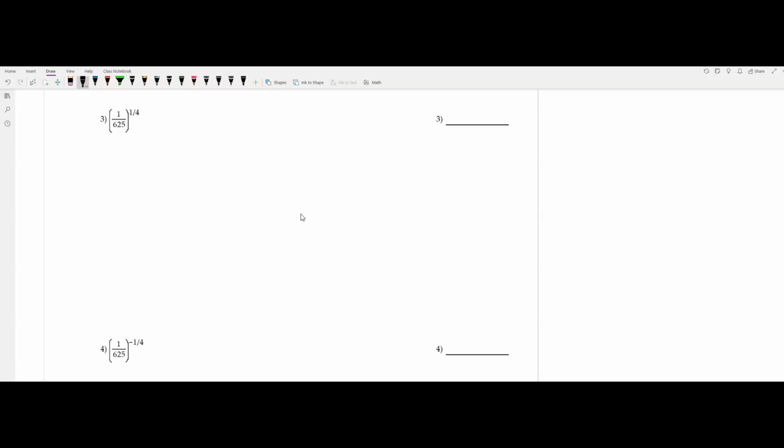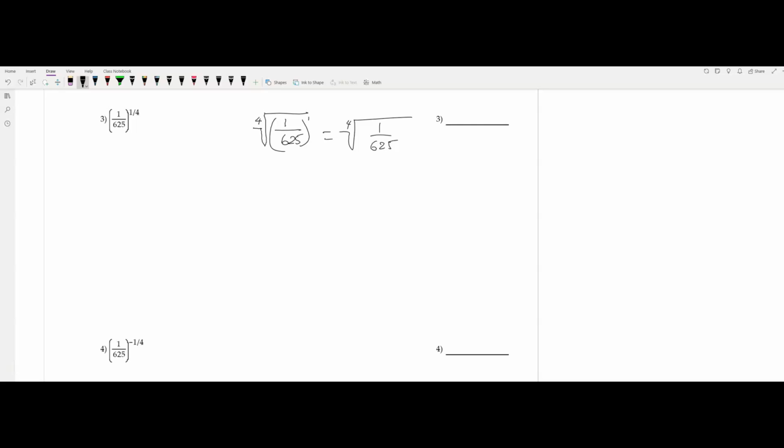So if you look at the rational exponent of 1/4, if I were to write this, it will be the fourth root, so that's the index here, of 1 over 625. And the 1 represents the exponent of 1 over 625, which when you write it is the fourth root of 1 over 625.